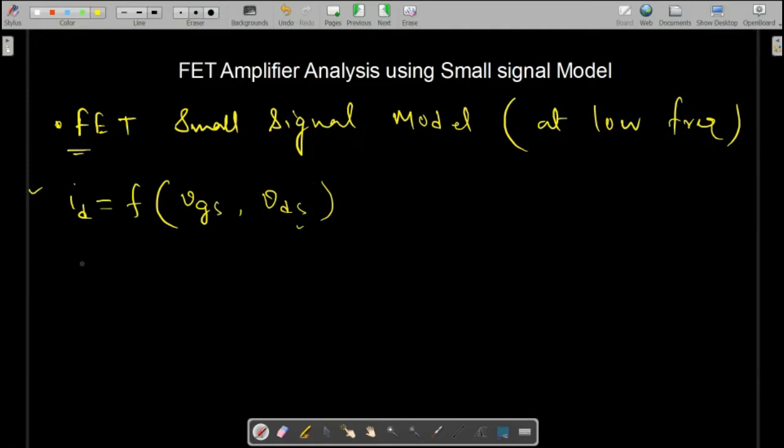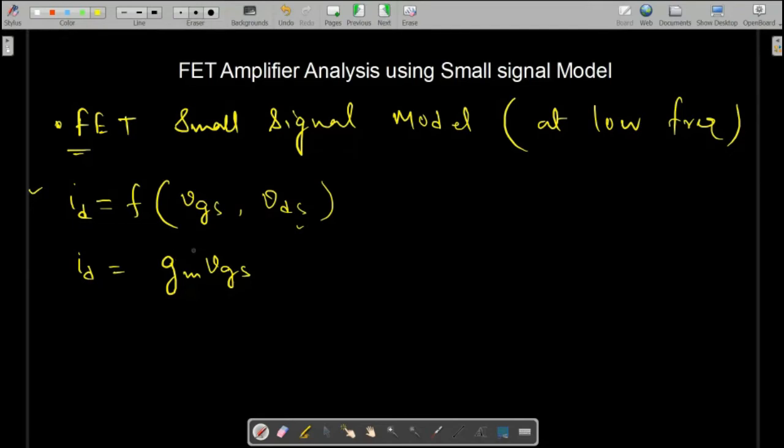So how to represent this function? Basically ID is a function of VGS, so that can be represented in this form, gm VGS. The dependency of ID, meaning how ID depends upon VGS, basically depends upon the value of gm.